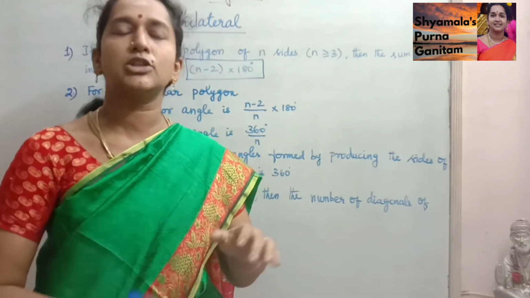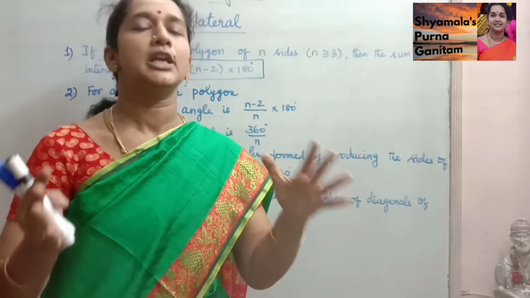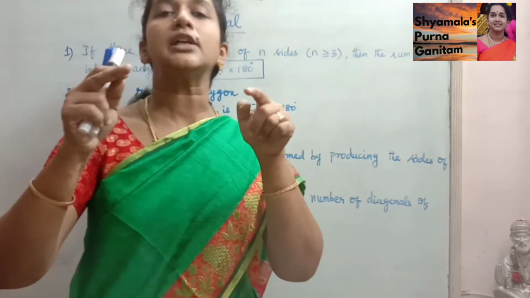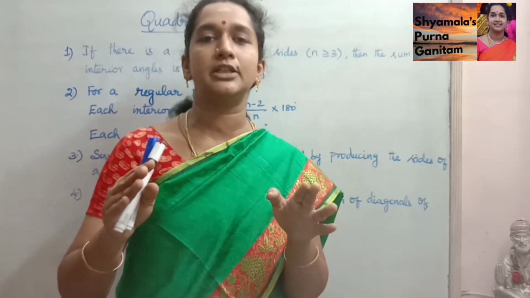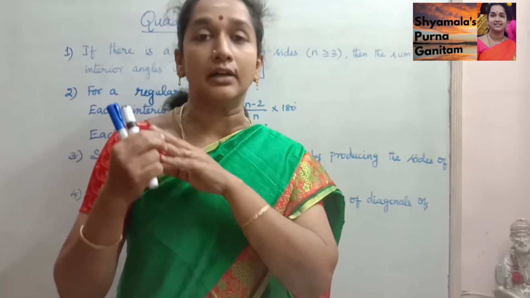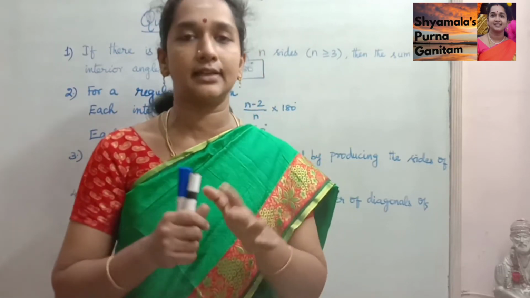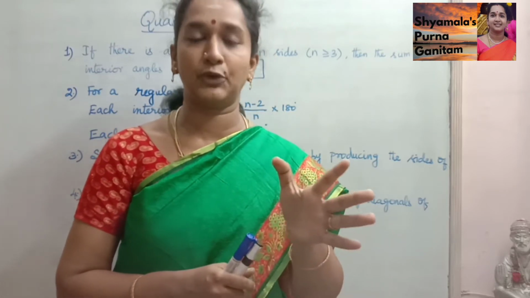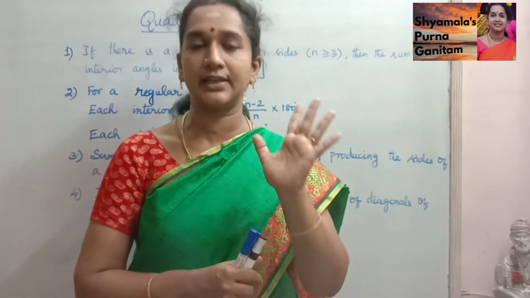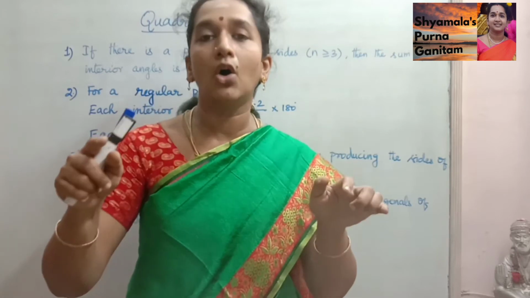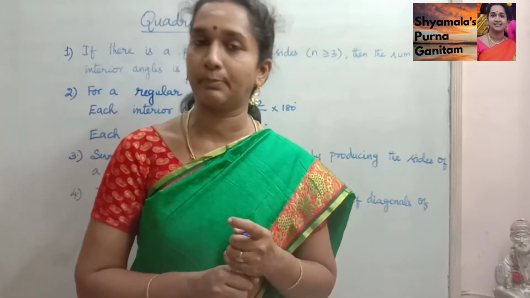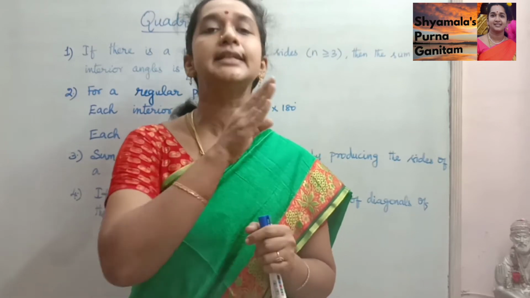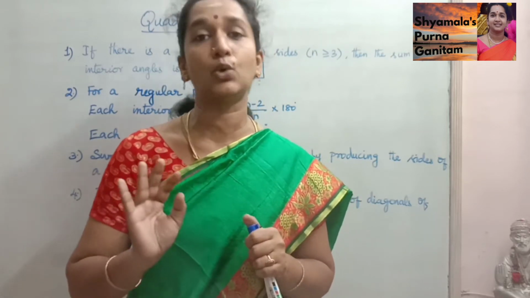A regular polygon means that whatever number of sides a polygon has, all the lengths of the sides are equal. For example, a pentagon is a 5-sided figure; if all its sides are 5 centimeters, that is called a regular polygon.